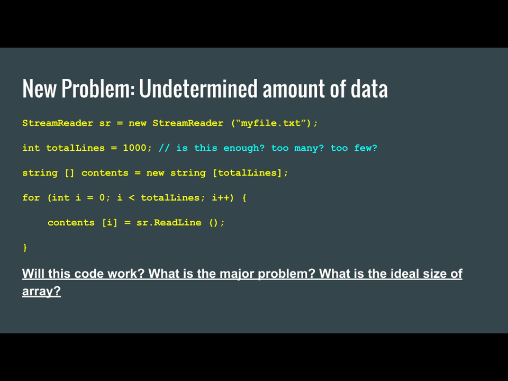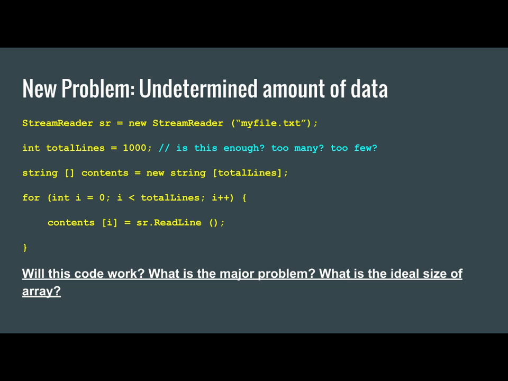Suppose we want to read this file, and we want to read the data from it and manipulate the data in memory. In this program, what I did was I created a stream reader object.